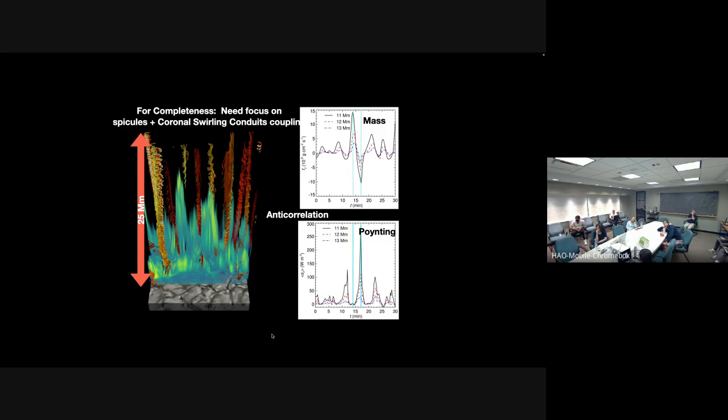Last but not least, to explain the Poynting flux and the momentum transfer to the solar wind, it's not enough to focus on spicules; we also need to focus on what we call the coronal swirling conduits or swirls, which are closely coupled with the spicules.